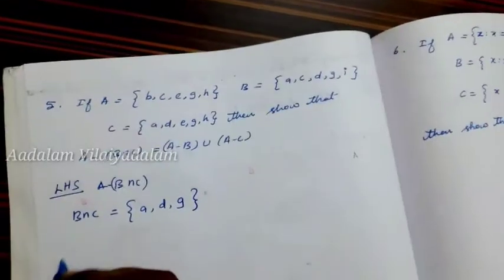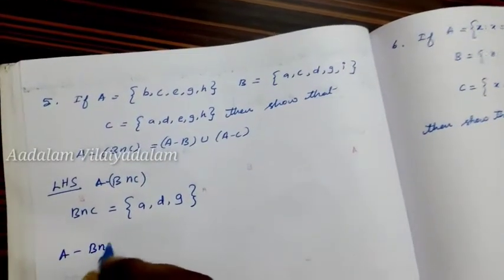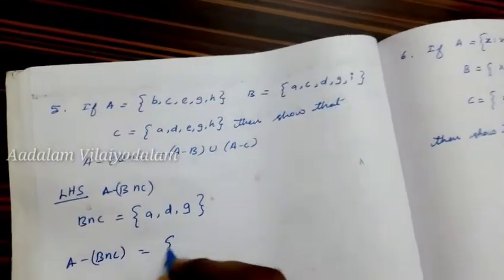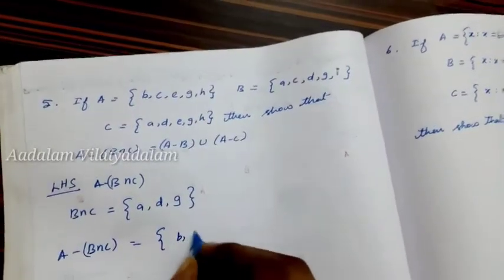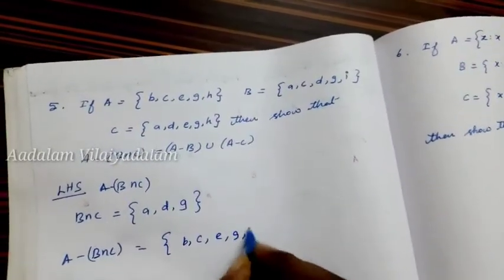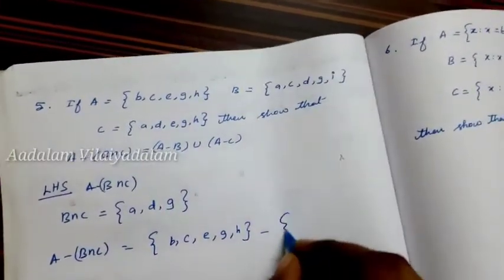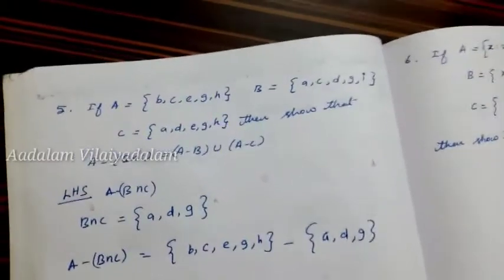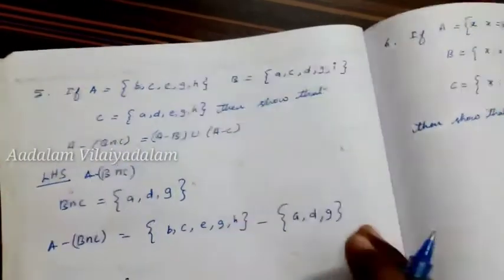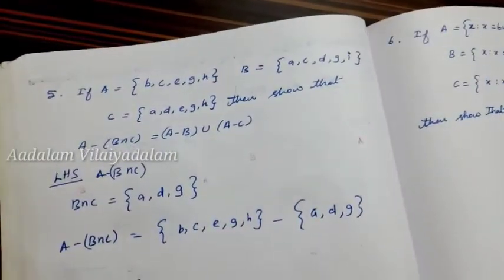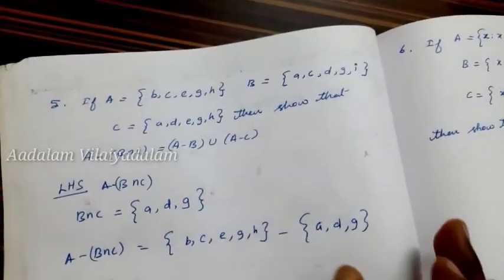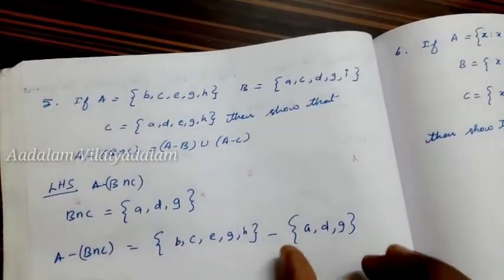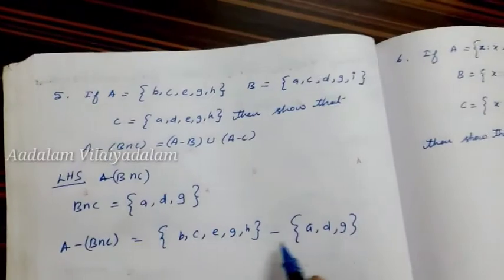Now we need to find A minus B intersection C, that is set A is B, C, E, G, H. Then we need to subtract this, that is A, D, G. Now just remove the common elements between both sets and subtract the second one, B intersection C. Is there any common element?